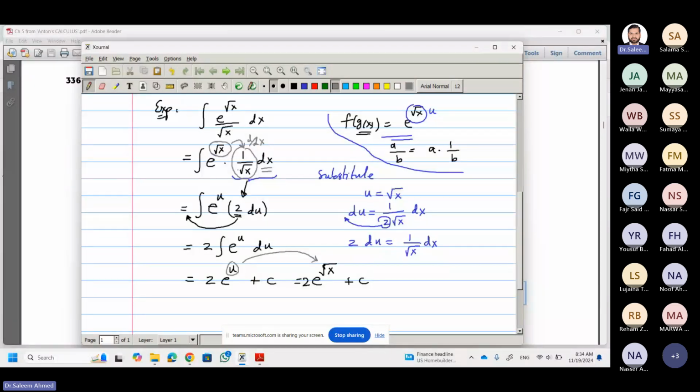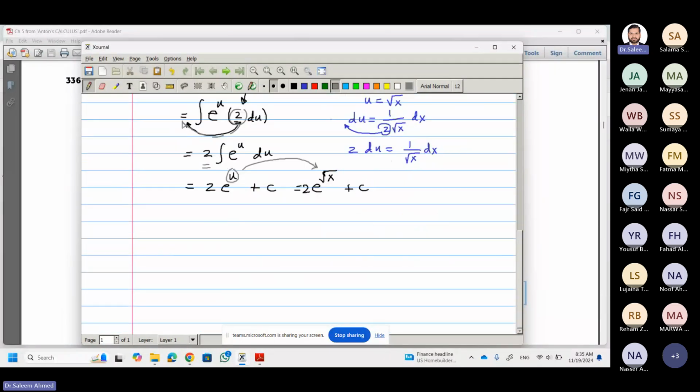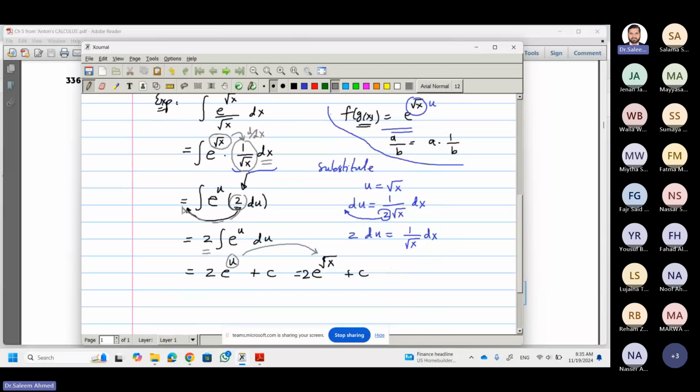But as long as the variable part is given, we are okay, because constants can be adjusted, variables cannot be adjusted. So 2 was missing, so I got an extra 2 here. But no problem, I can just bring it outside. So the 2 is written outside. That's why I said constants don't matter. Constants can be adjusted.